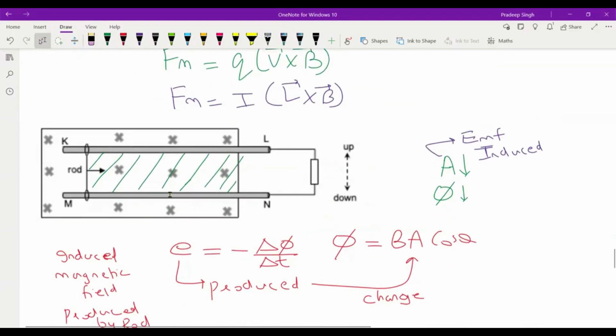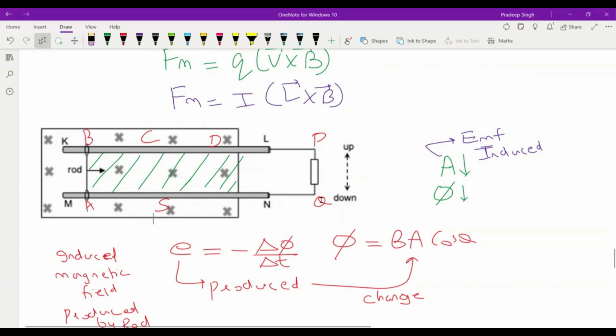So hang on, let me have a look. In this particular diagram, when I say coil, let me label some points. A, B, C, D, L, P, Q, N, S, A. This entire thing is your coil.